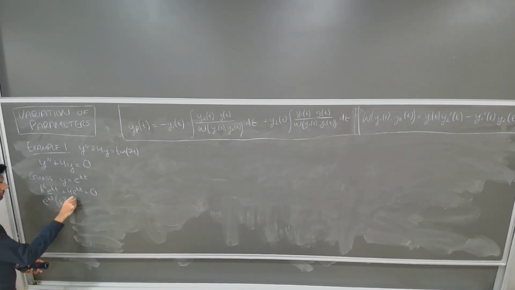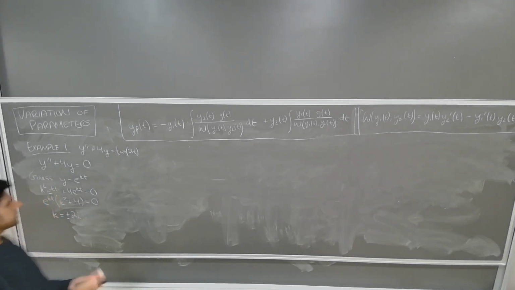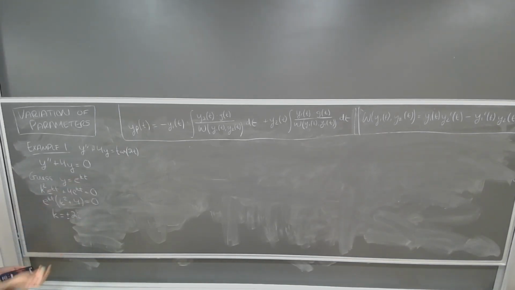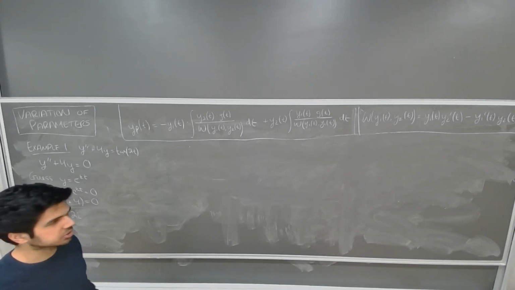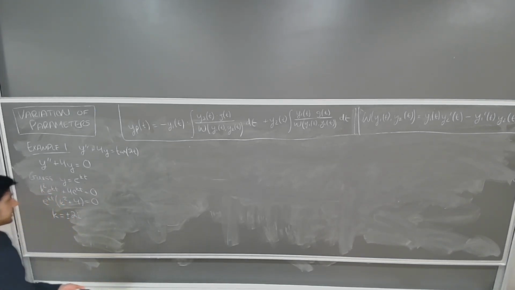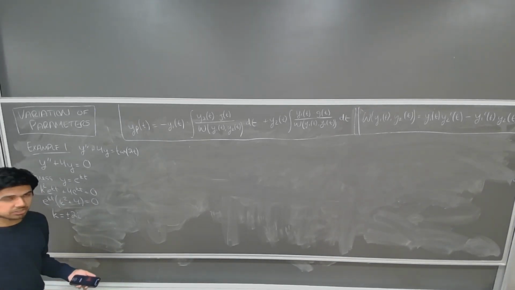We can factor out an e to the kt. That gets multiplied with k squared plus 4. In order for this to be equal to 0, we need k squared plus 4 to be equal to 0. So that means k equals plus or minus 2i. And of course, from here, we throw it back into here, e to the 2it plus e to the negative 2it. But of course, that has imaginary parts to it, so we can use Euler's formula to make it a real value solution.